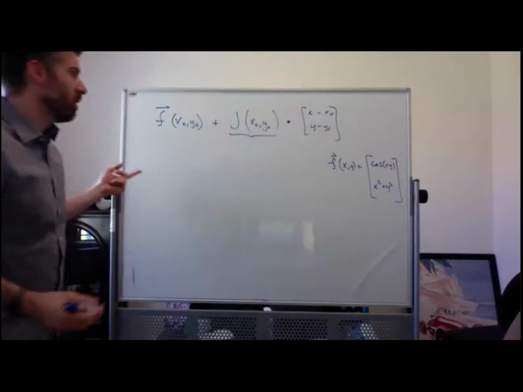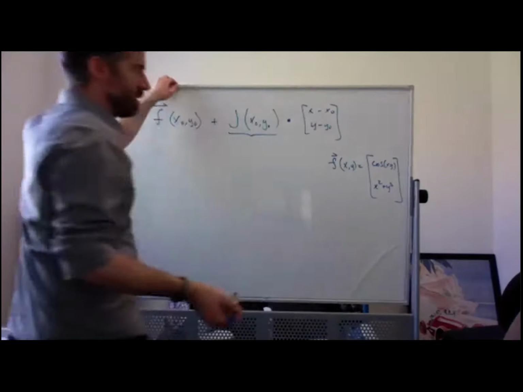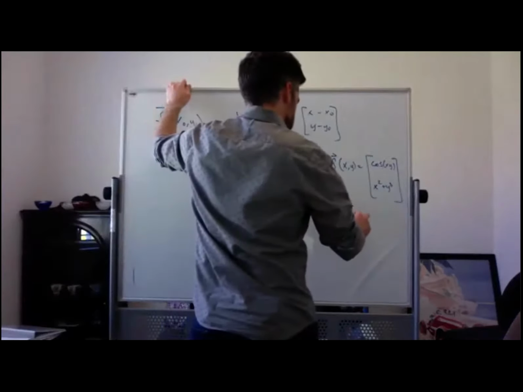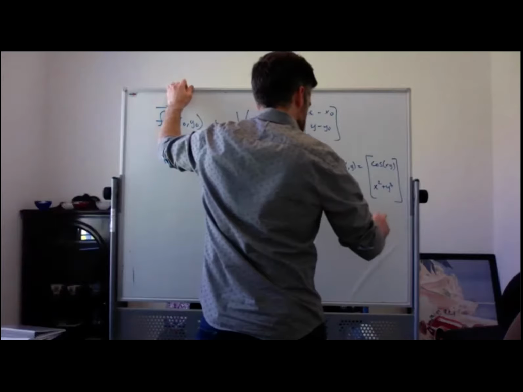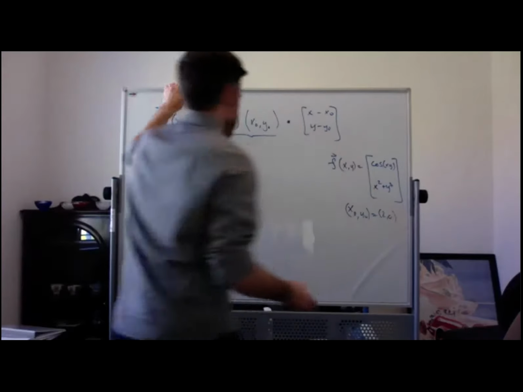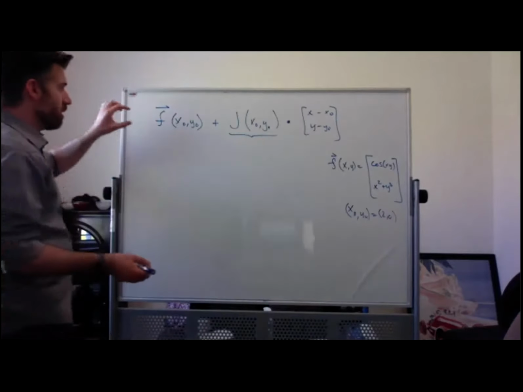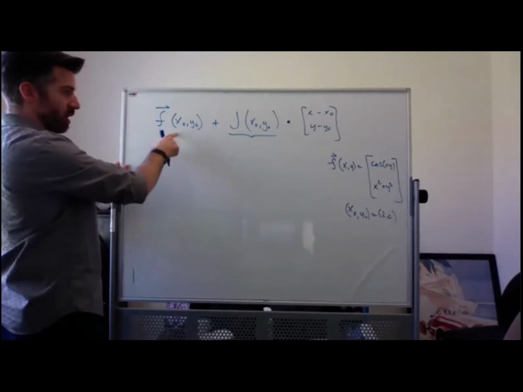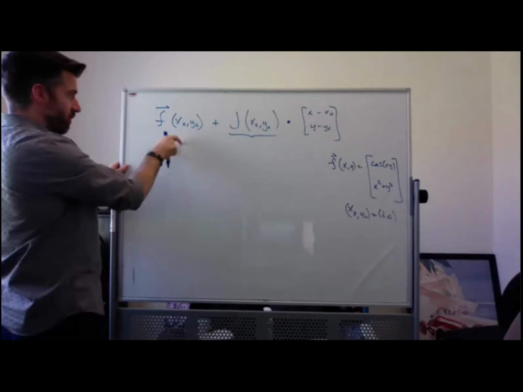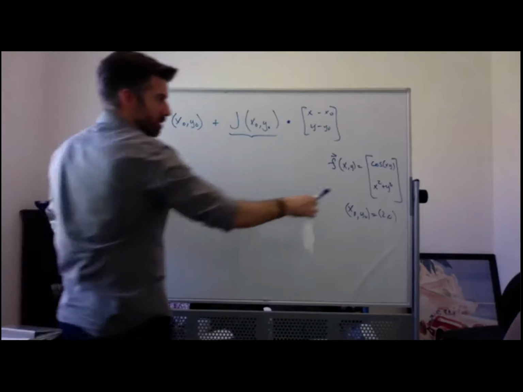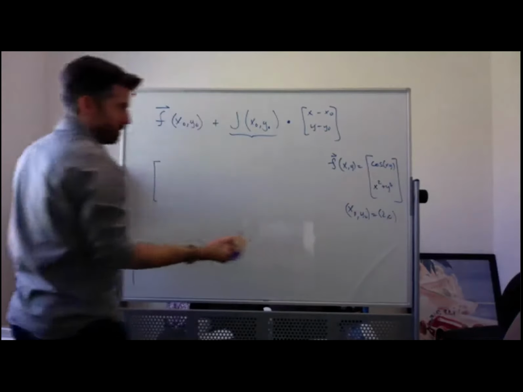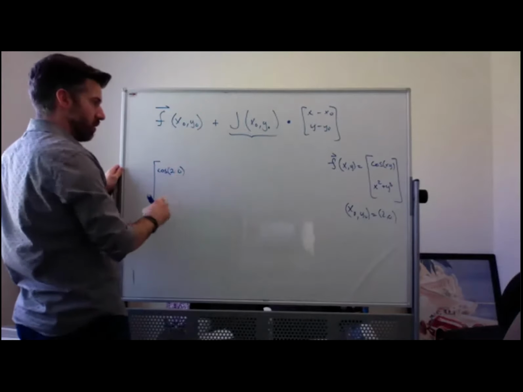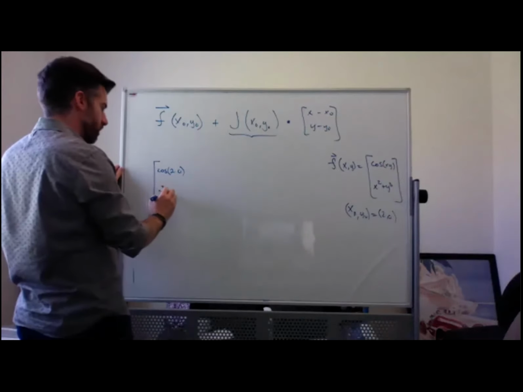All right, so we're at the point, I think, 2, 0. So I'm just going to evaluate things. If I plug in 2, 0, this first part here is going to be cosine of 2 times 0. And here we're going to get 2 squared plus 0 cubed.